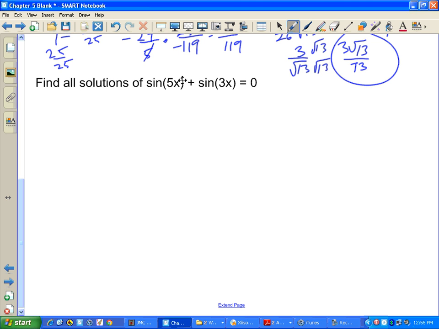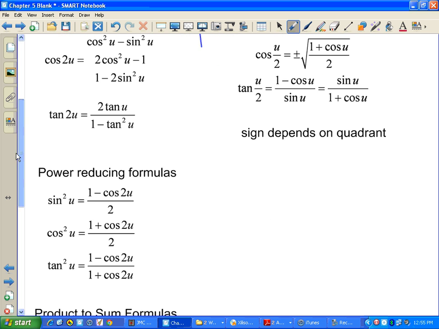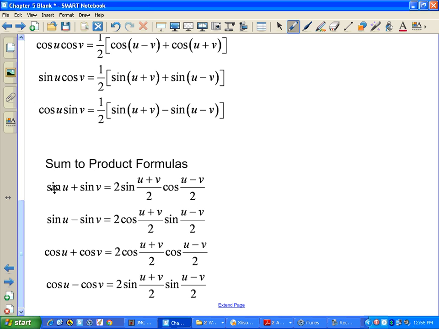So pi would be another answer because I'd get 0 plus 0. But we want to turn this into something we can solve, so I'm going to turn this sum into a product. Okay, so when I've got sine of something plus sine of something, I use this formula. So 2 sine of the two things added over 2, and then cosine of the two things subtracted over 2.